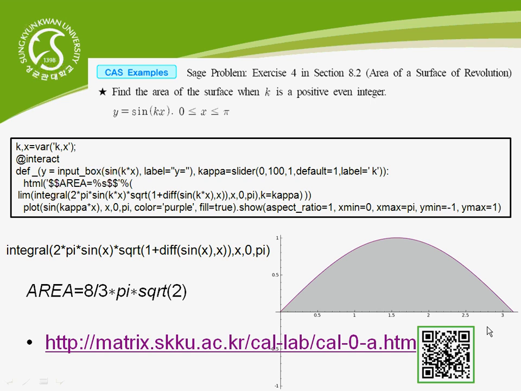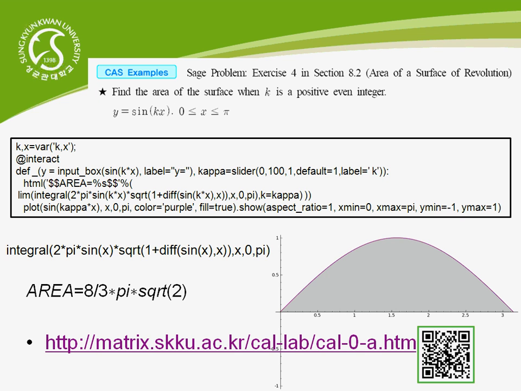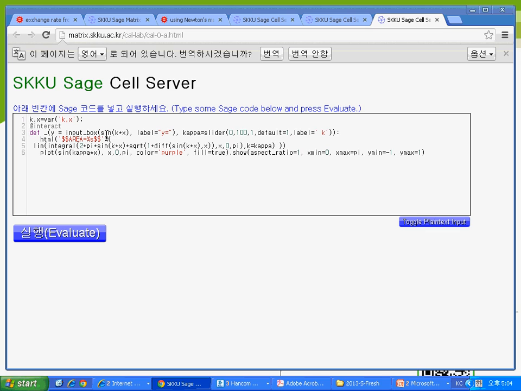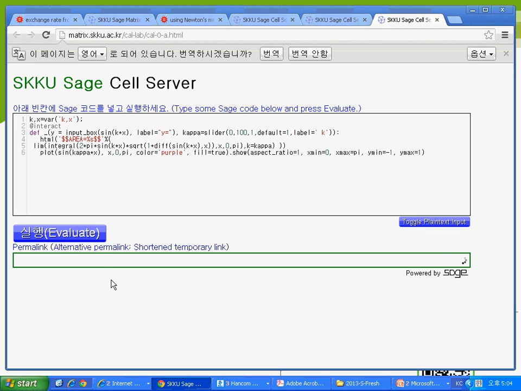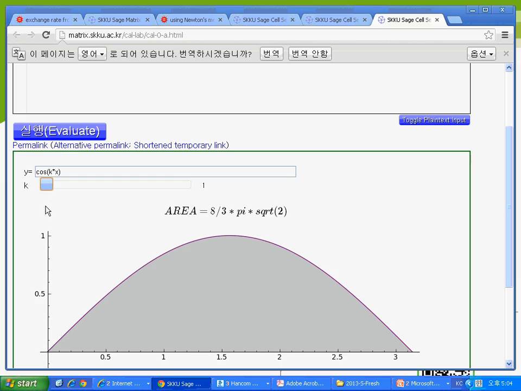You will have such an exam problem in your midterm, but your homeworks may go a little further than this. If we change this one to a cosine, then let's see how it happens.